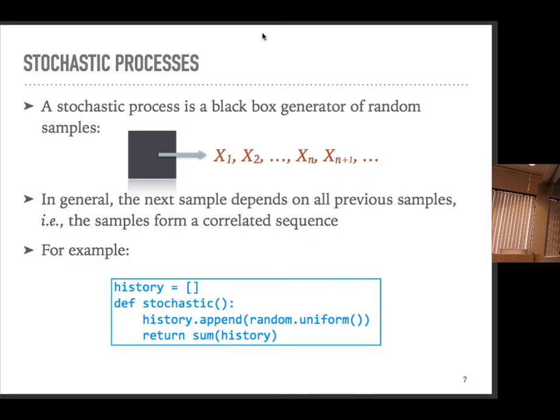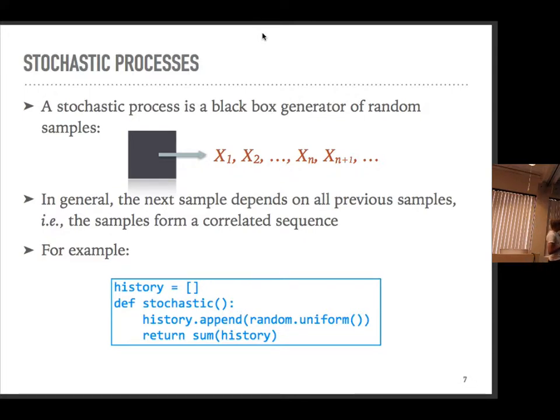Each one could be a scalar, or it could be a vector. It doesn't matter. But the important point is that there's a sequence: x2 follows x1, x_(m+1) follows x_m. In the most general case of a stochastic process, each sample will depend on all the previous samples, and so the samples are correlated in the maximum possible way.